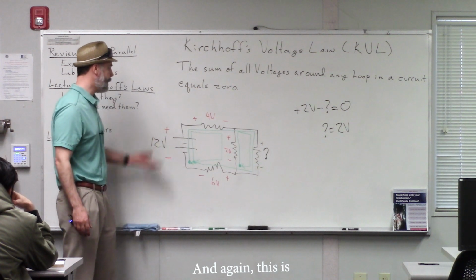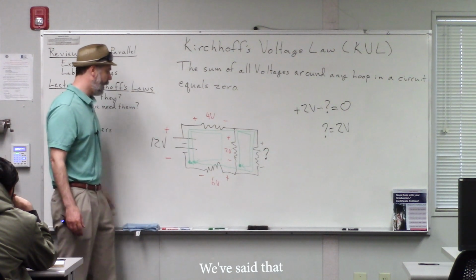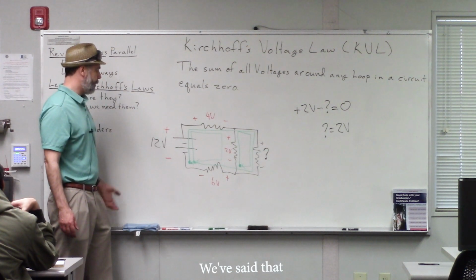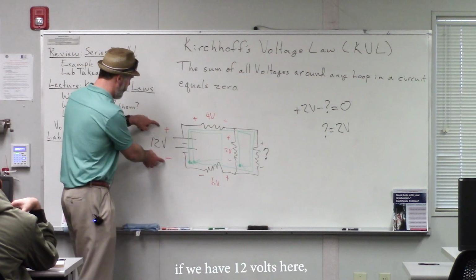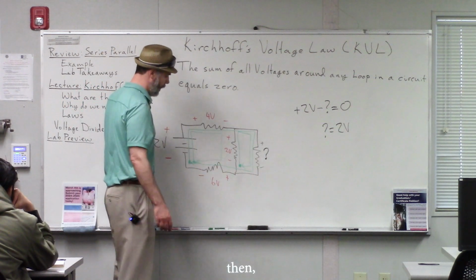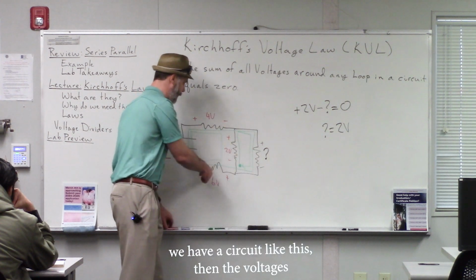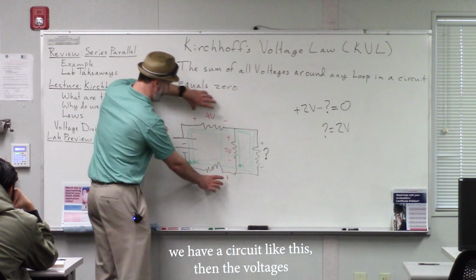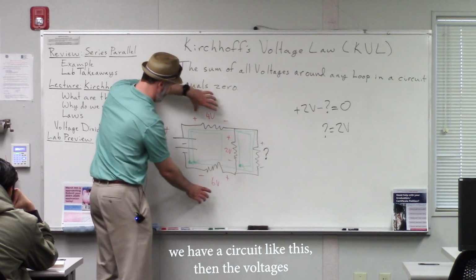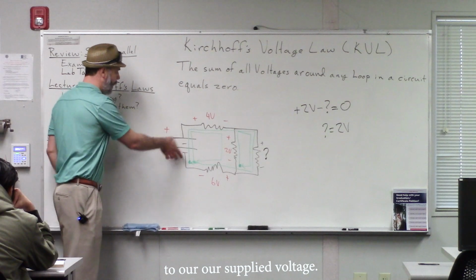So that's another way of thinking about it. And again, we have seen this before today as well. We've said that if we have 12 volts here, and we have a circuit like this, then the voltages across these resistors have to add up to our supplied voltage.